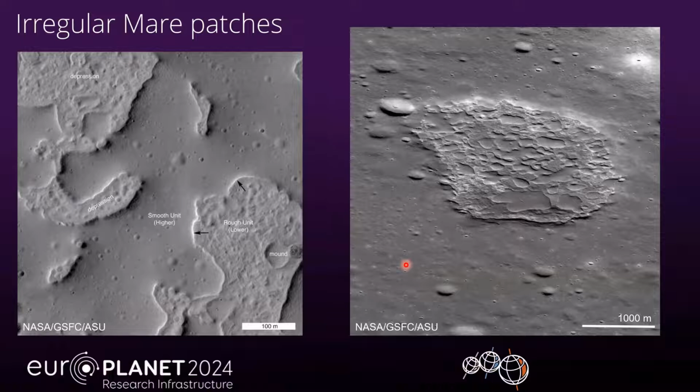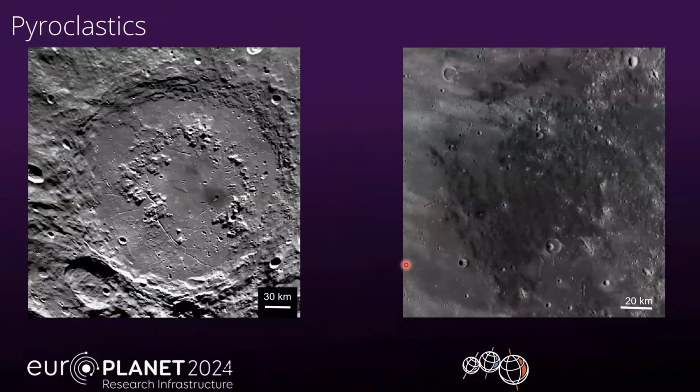Okay, another type of volcanic deposit are pyroclastics. And here in Schrödinger crater, we saw this earlier as an example of a multi-ring or a peak ring basin. As you might have noticed earlier, this little black cinder cone here in the center is oriented along a graben, and you can see there's other fractures and graben that run through the crater.